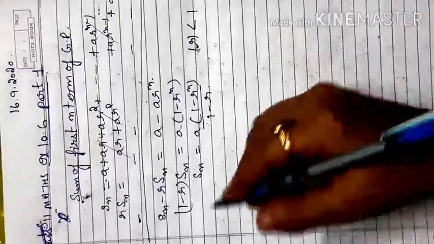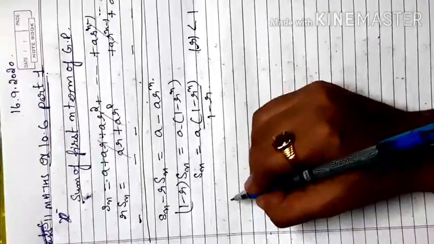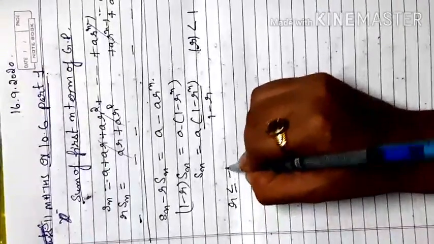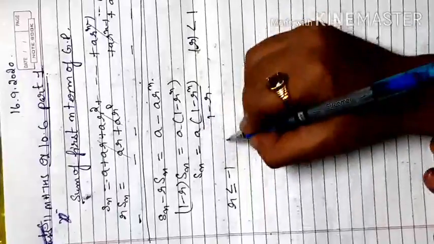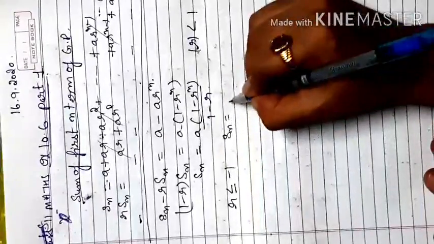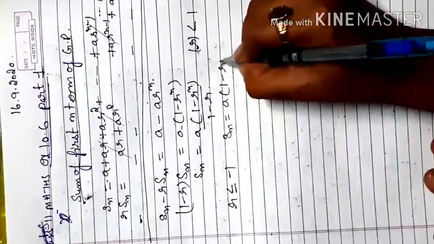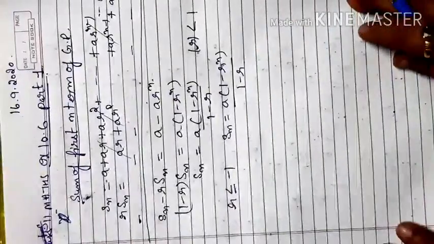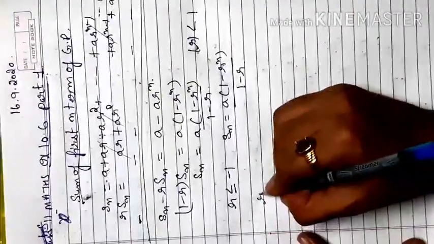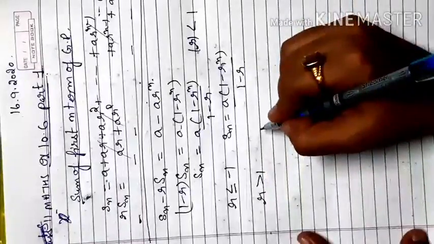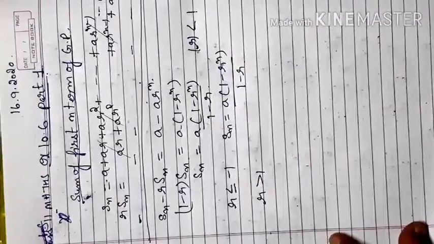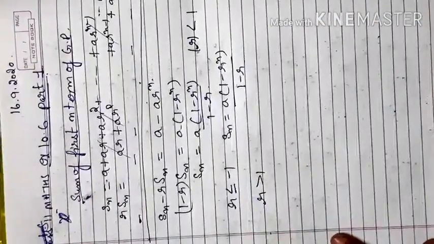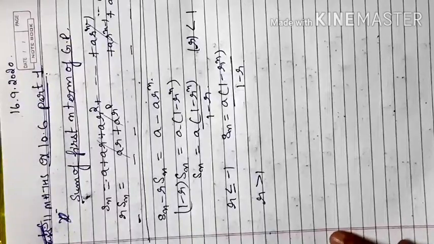If in the ratio your r value is less than 1, then you have to use the above formula for sum of n terms, a(1 minus r^n) upon (1 minus r). But if your r value is greater than 1, here we can consider that less than minus 1 is also treated as less than 1.